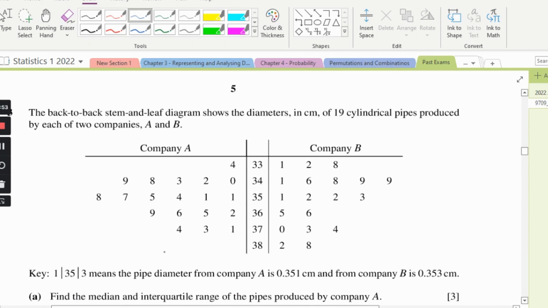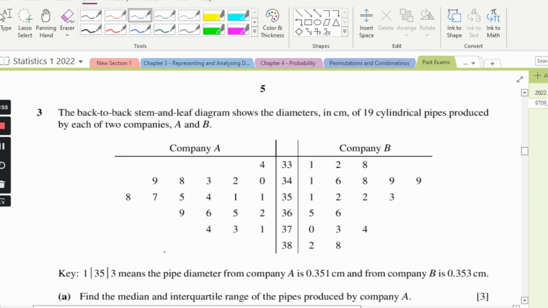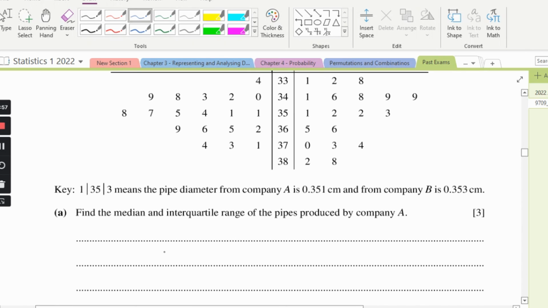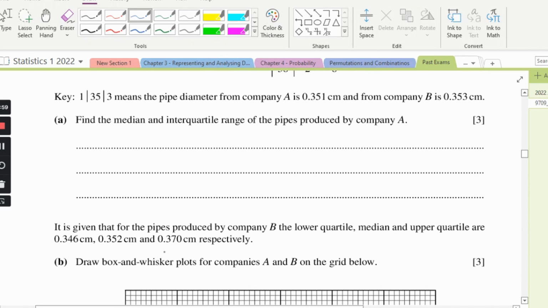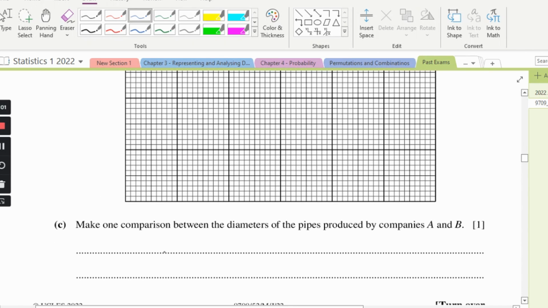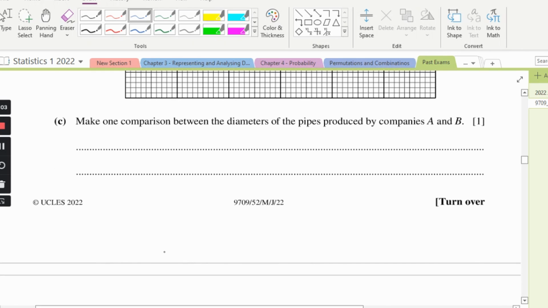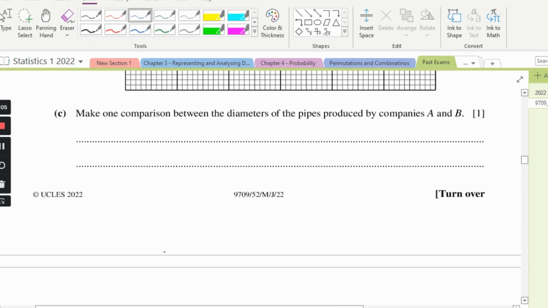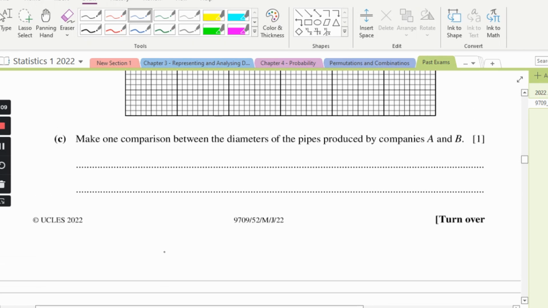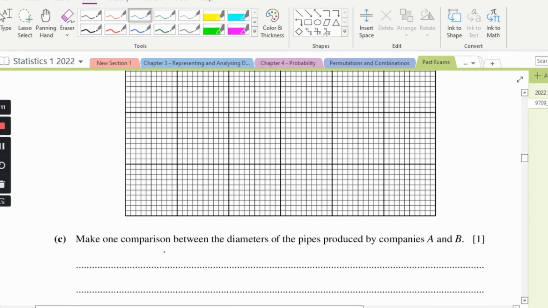Okay, now I think we can probably skip number 3 because I think we know how to do box and whisker graphs. The only thing I want to comment on is when you're making a comparison between diameters of the pipes, make sure it always asks you to do this in context.